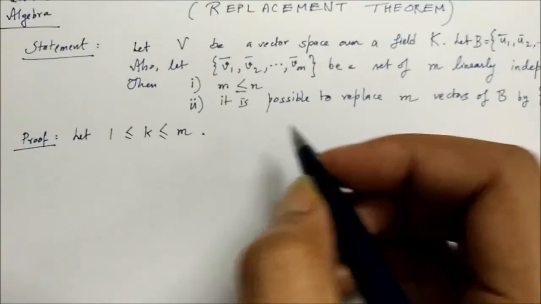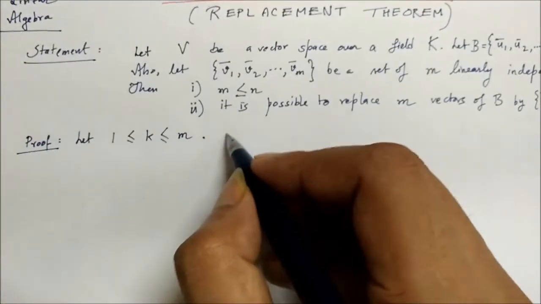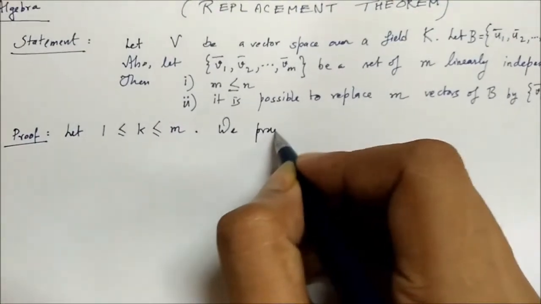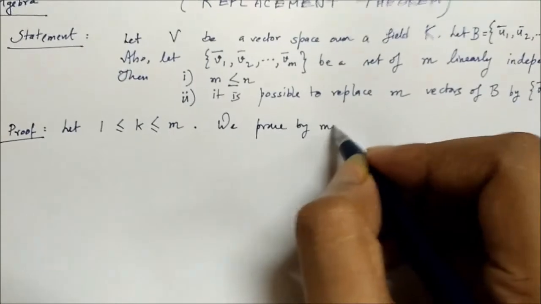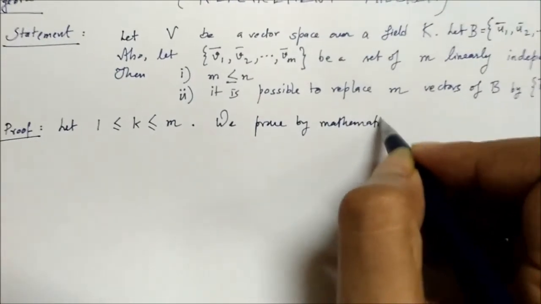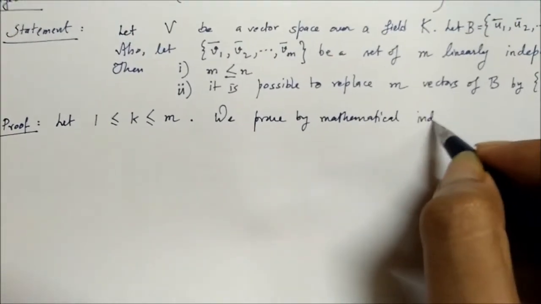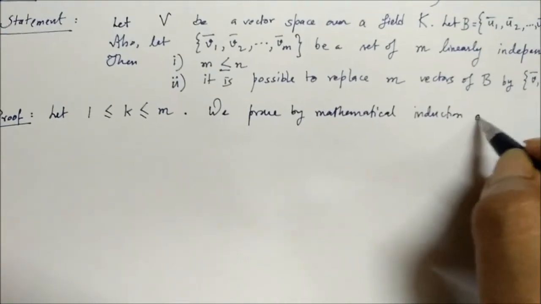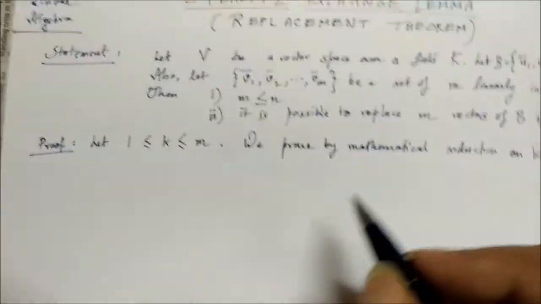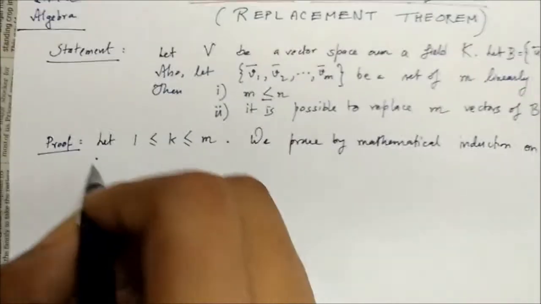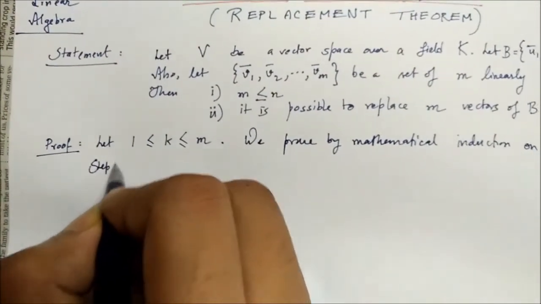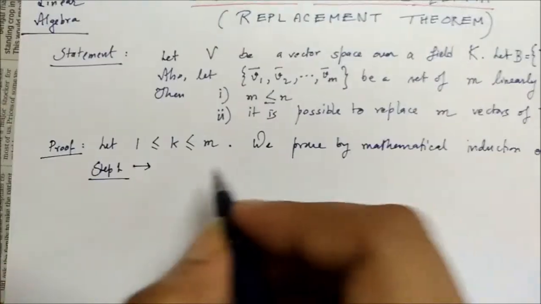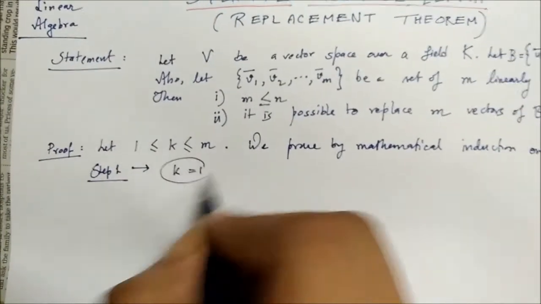You understand where we are going? Yes. We want to apply induction, mathematical induction. We prove by mathematical induction on this k. Mind you, the range of k, of course. So what is our step 1? Step 1 is for k equals 1.